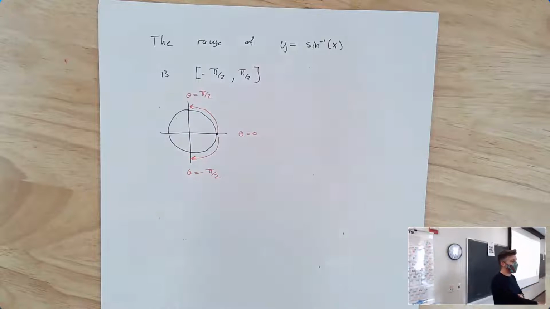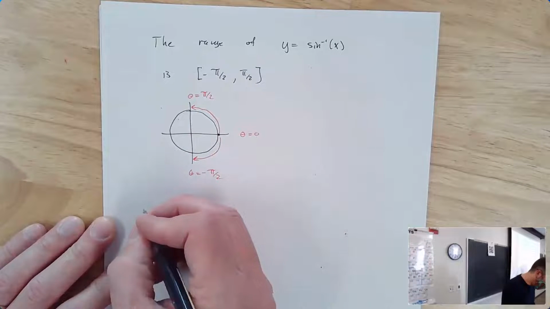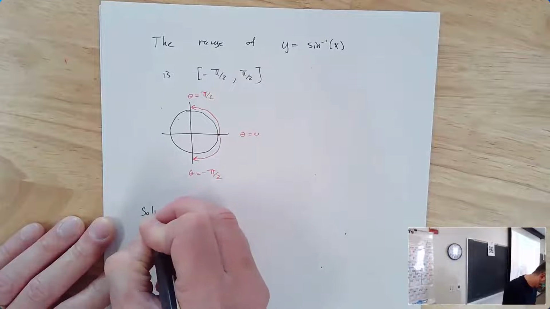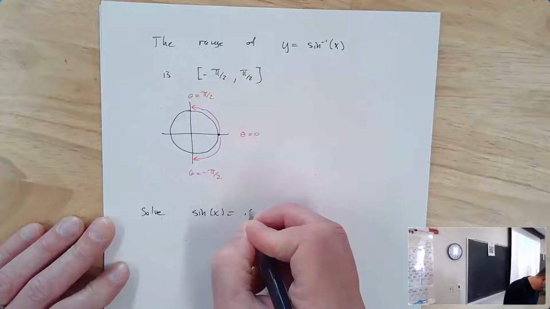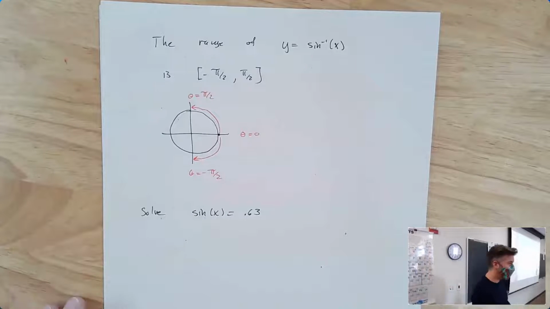The reason we mostly talk about it is because we want a way of finding the answer to a question. Like if I'm trying to solve sine of x equal to 0.63, I have no way of doing that without a calculator.